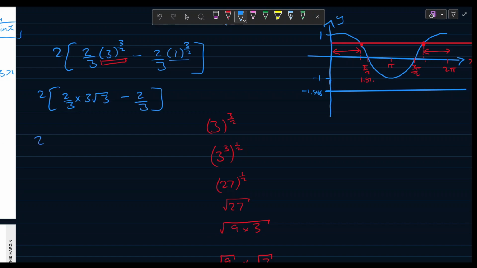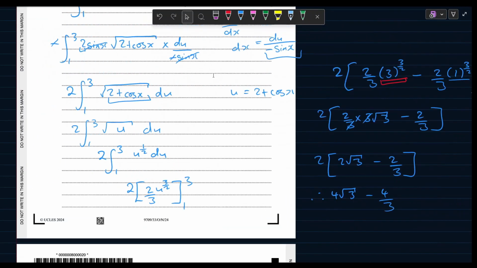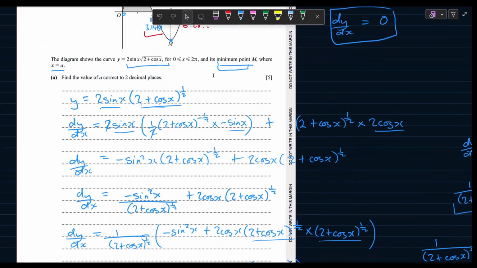But 2 times, the 3's cancel out, so that's 2 root 3 minus 2 over 3. And if we multiply through by 2, that's 4 root 3 minus 4 over 3. And this is the exact area of our shaded region R.